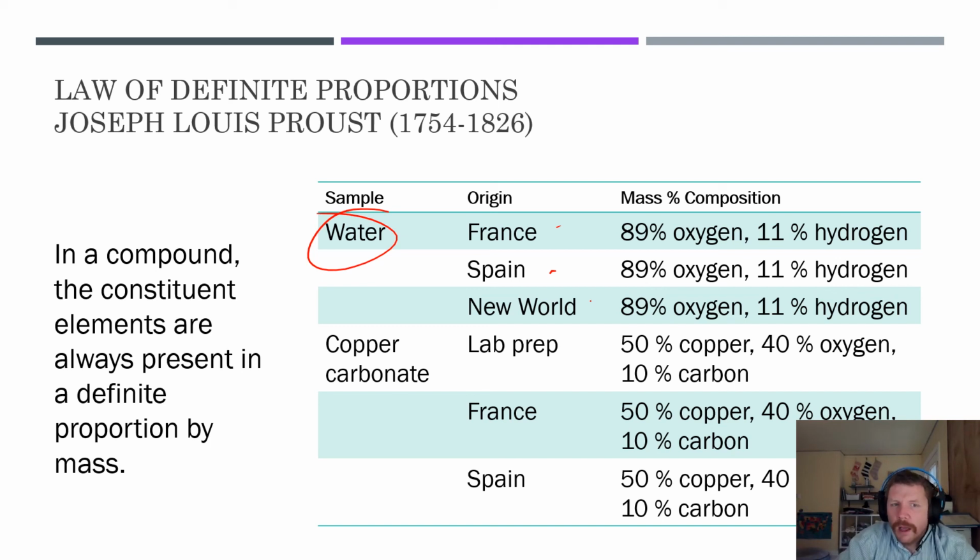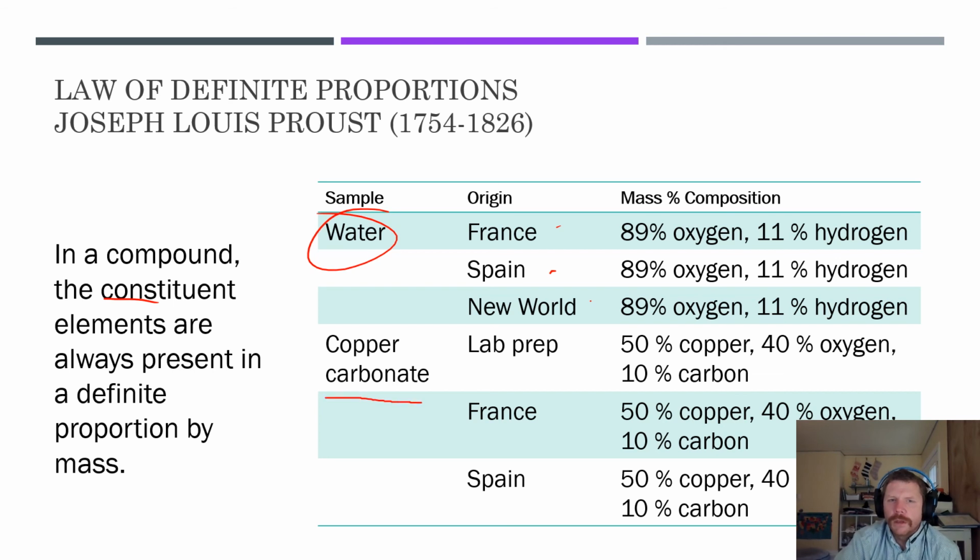So in a compound, the constituent elements, the components that make it up, are always present in a definite proportion by mass. No matter what, if you look at water in Singapore or anywhere else, it's still going to be H2O. It's that perfect ratio of 2 hydrogens to 1 oxygen. If you change that to make H2O2, you're not talking about water anymore.